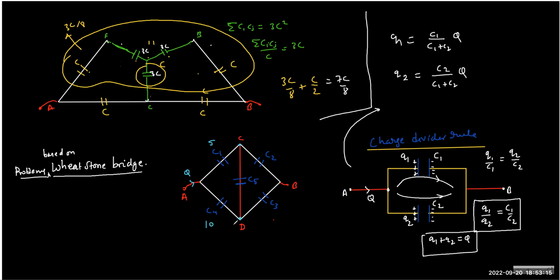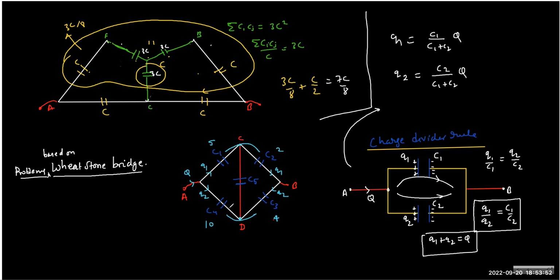Now, if I take this as 2 and this as 4, what is the ratio? 1 by 2. See, if you maintain the ratio on both sides, then the symmetry rule says that the charge must divide similarly in both directions. So if it will get Q1 and Q2, the same ratio should be arriving here, which seems like the Q1 has totally surpassed the point C and Q2 has gone here and the middle has got nothing.